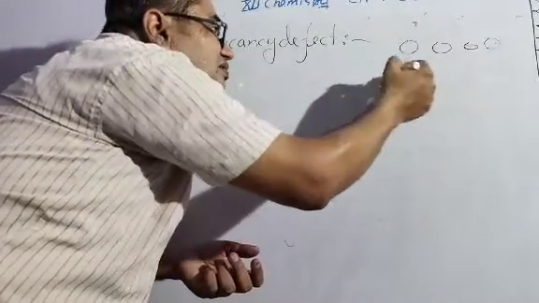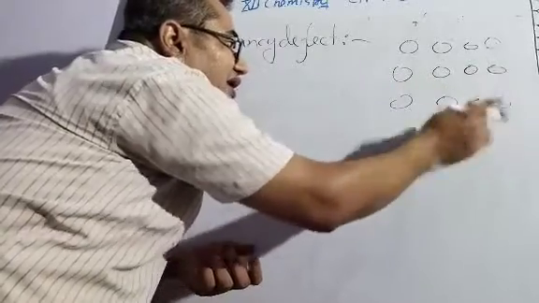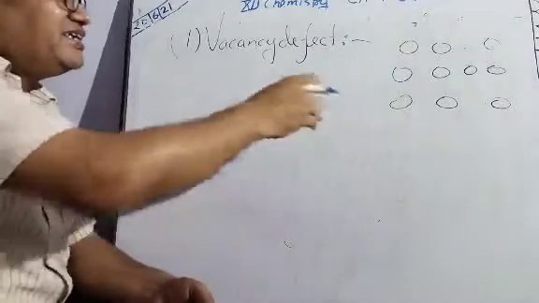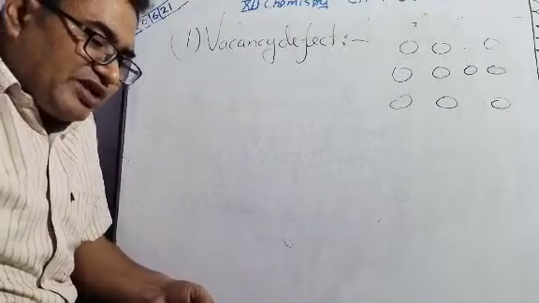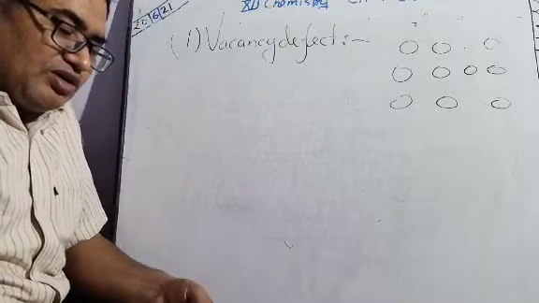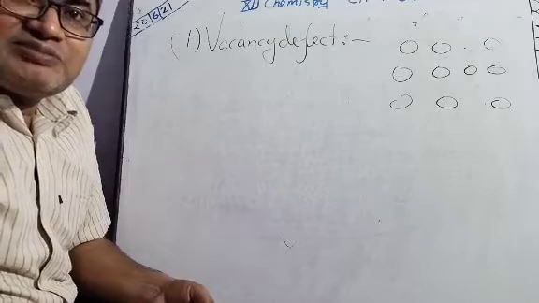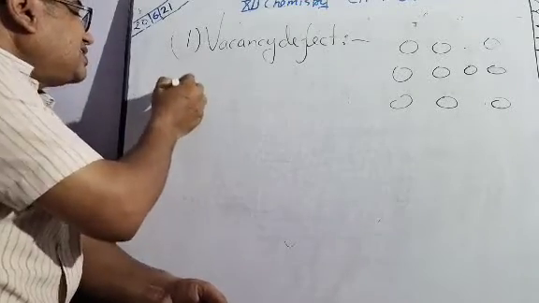It was a perfect crystal and some atoms disappear. So that is known as a vacancy defect. This vacancy defect is also created by displacement of cations or anions.